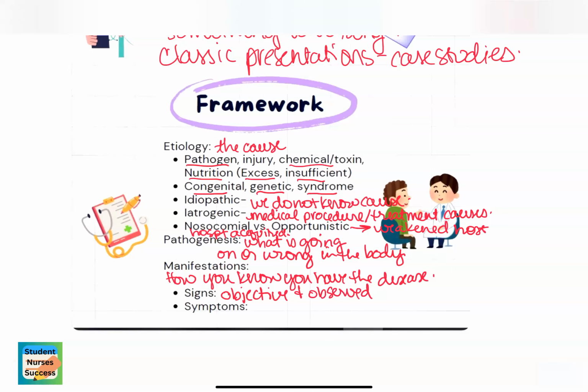Perhaps maybe if the patient has a temperature, you take the temperature and you see the temperature, or they have high blood pressure and you take the blood pressure, or they have a rash. Symptoms are more subjective and reported. Maybe the patient tells you that they're nauseated or that they have a headache.